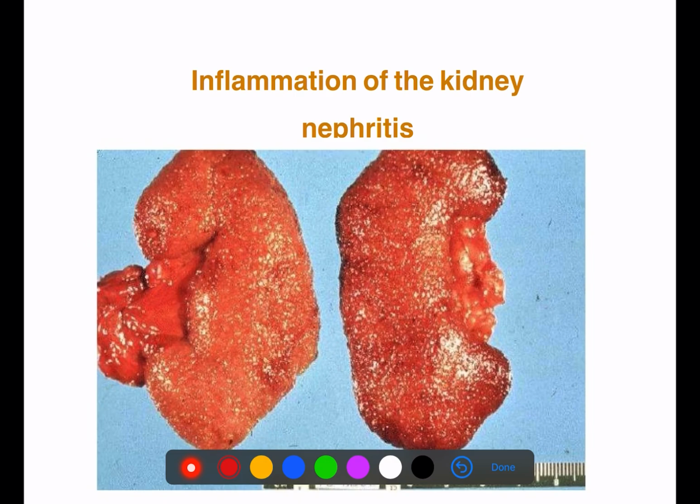Now we will talk about nephritis. Nephritis occurs due to viral or bacterial disease. These are known causes; the unknown causes we called glomerulopathy.